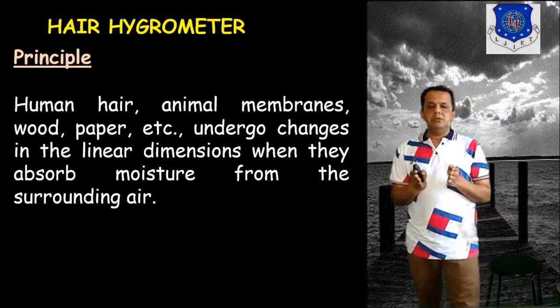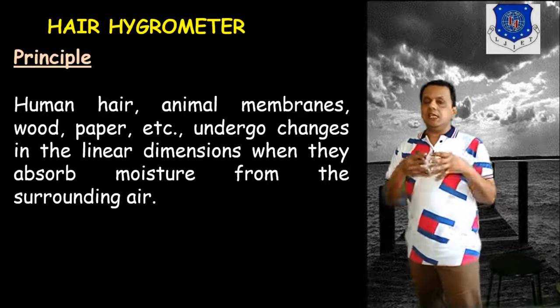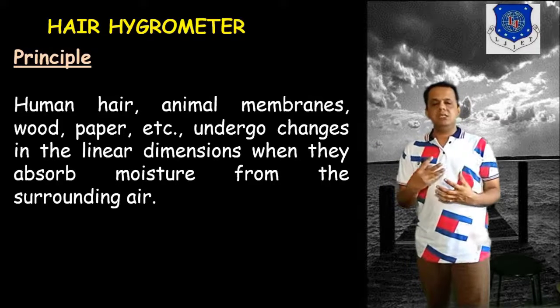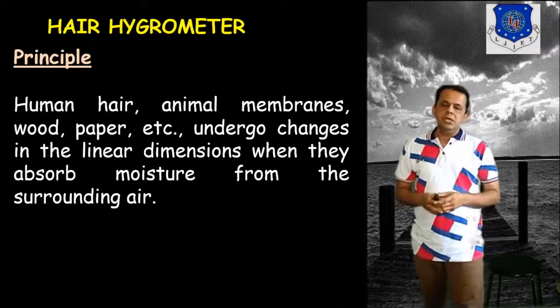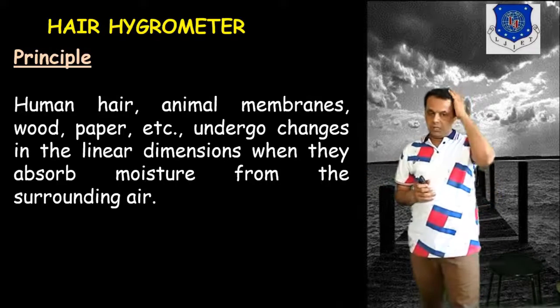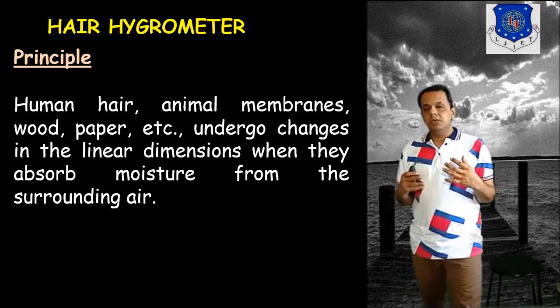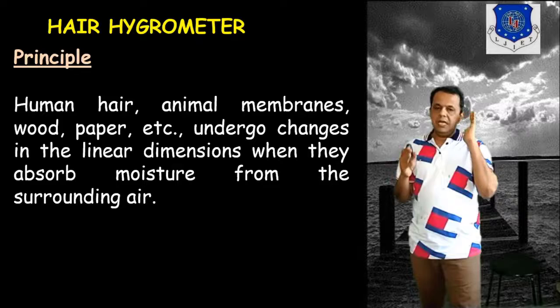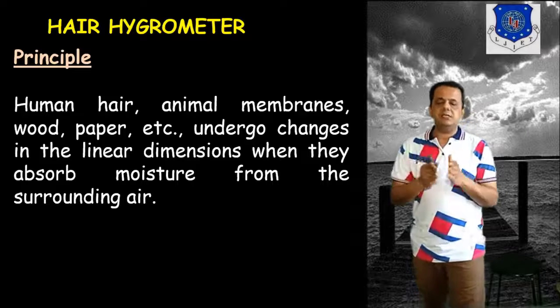They will change in their linear dimensions when subjected to moisture, or when they absorb moisture from the surrounding air. We have experienced that in our hair. If it is a dry atmosphere, hair fall is increased.